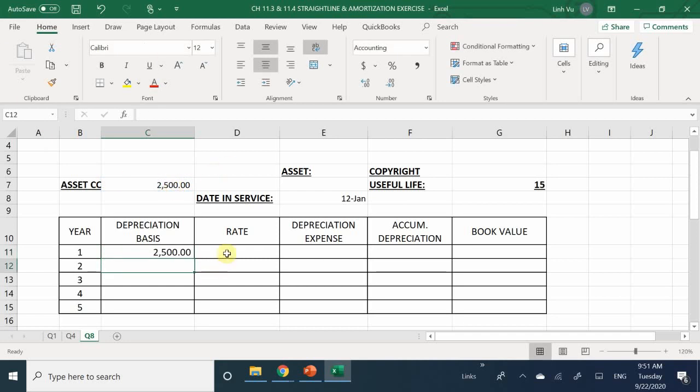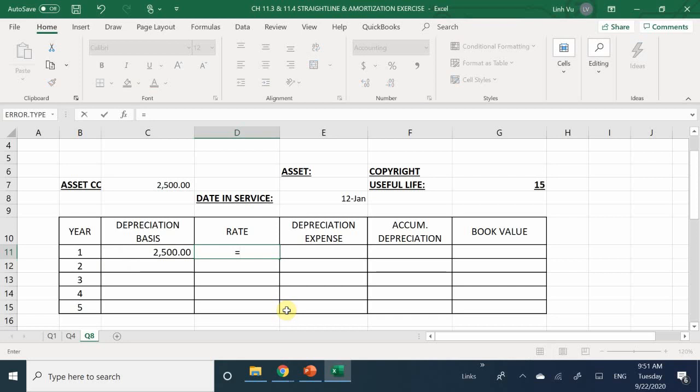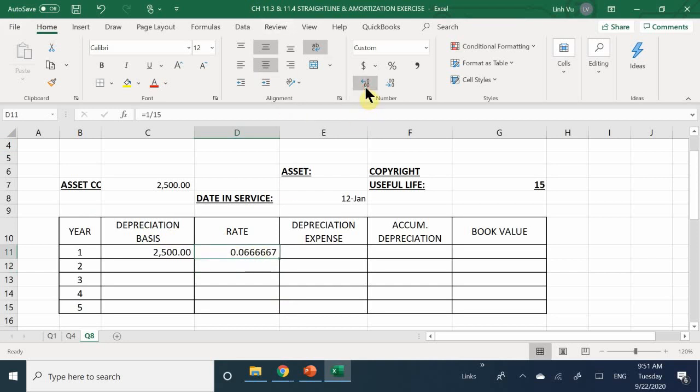And what's my rate going to look like? 0.0667. Okay, so it's going to be that long number. So in this case, do you want to round it to the nearest 4 decimal places?